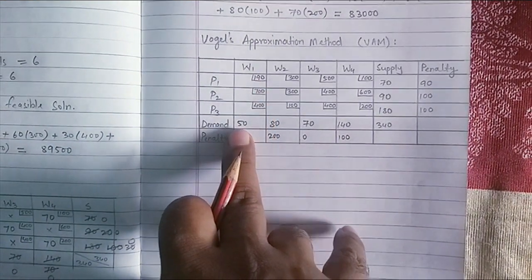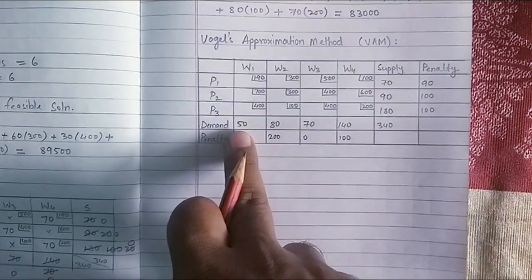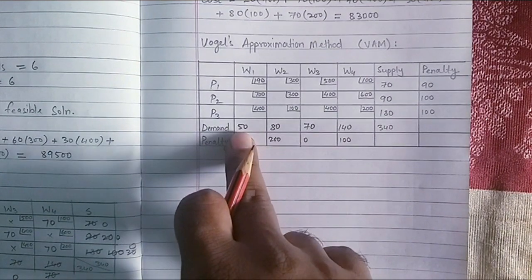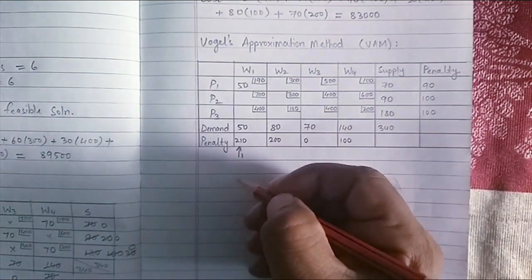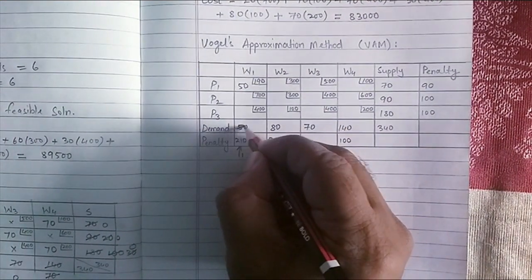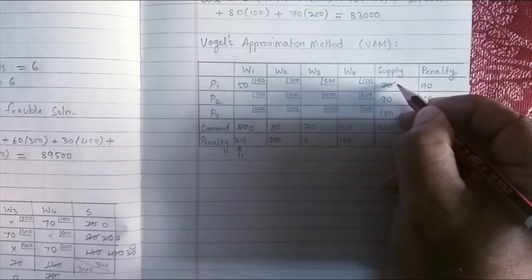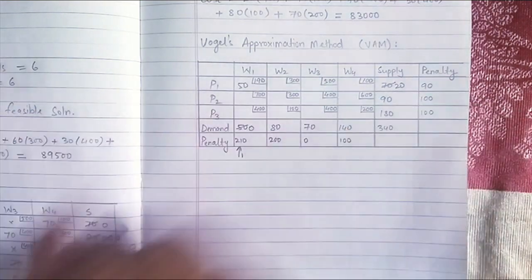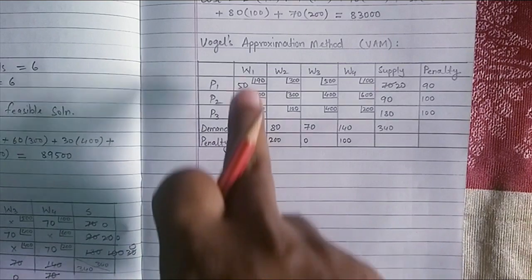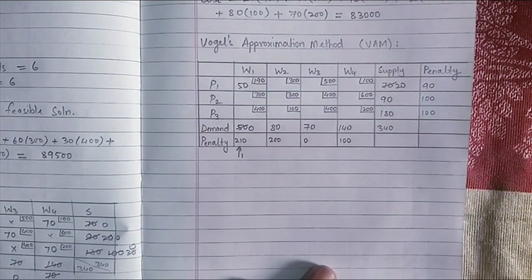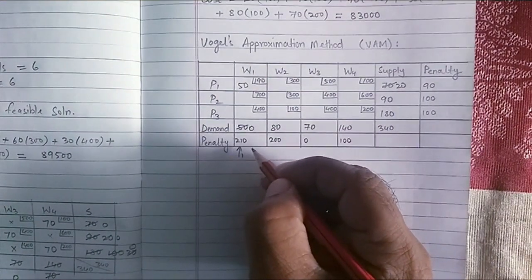Again, look at the demand and the supply, and whichever is the smallest value, assign that first. So the first allocation will be 50 here. Demand now becomes 0 and supply is 20 now. After this allocation, the column is completed. We don't have any further allocations to be done in this column W1.